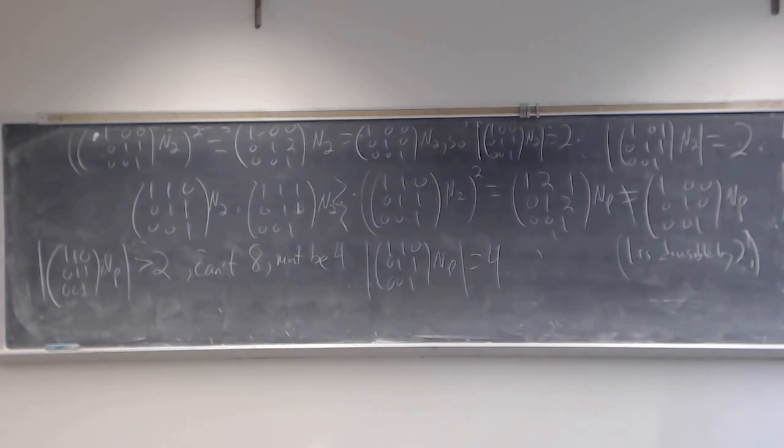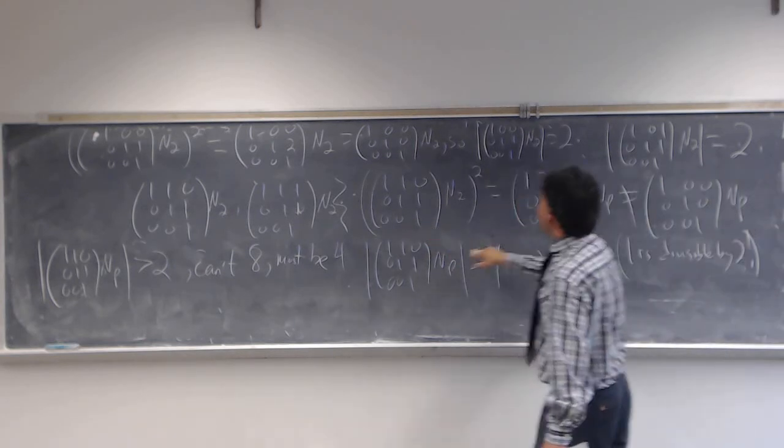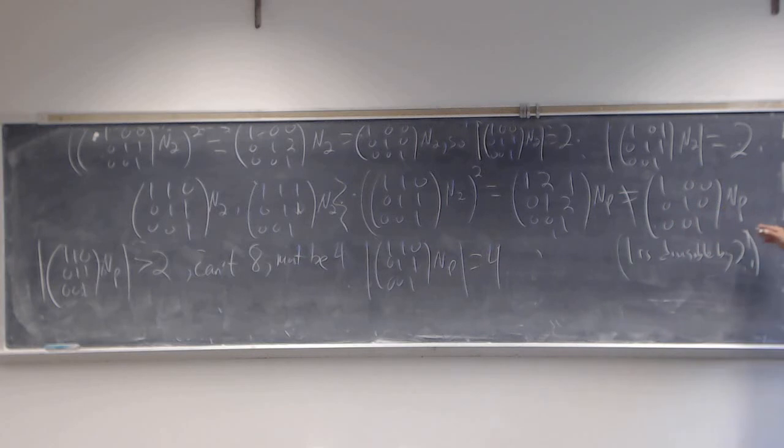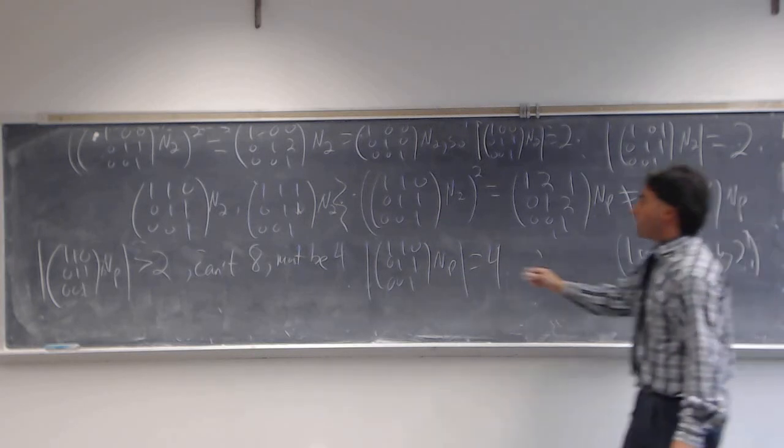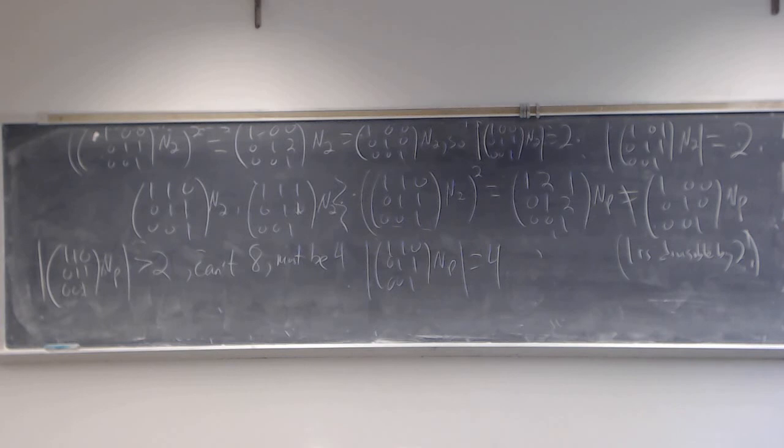And certainly if you took your time, you could multiply this coset by this one more time to find out what the cube is. Take that result and multiply by this coset one more time to find out what the fourth power is, and you would in fact see that you ended up with the identity at that point. But I'm not going to make that calculation. I'm going to use Lagrange to simplify my calculation.